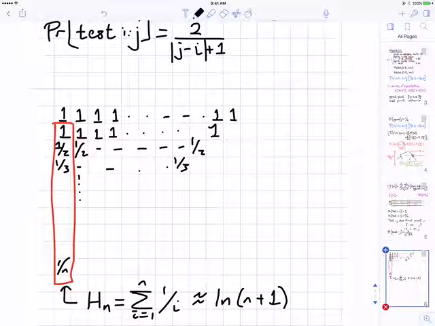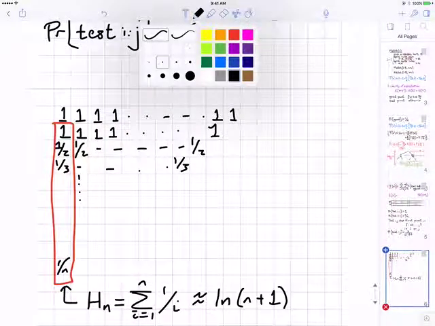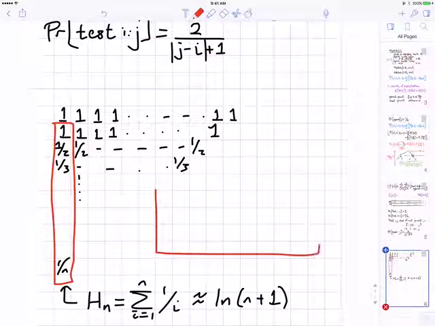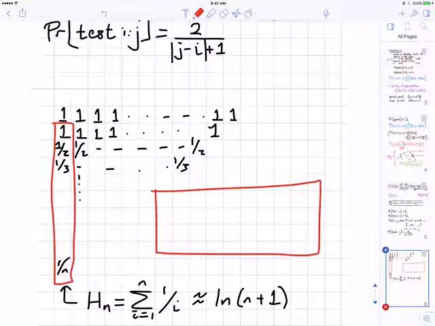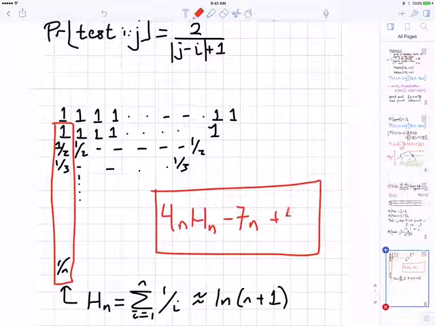Okay? Yes. I see somebody making the appropriate hand motions. Jazz hands. Right? Now, if you want to do this a little bit more formally, that should be not 1, 1/2, 1/3, but 1, 2/3, 2/4, 2/5, and so on, and you actually get 2 h of n down here. If you actually go through the formal analysis, what you end up with is 4n times h of n minus 7n plus 4 times h of n.